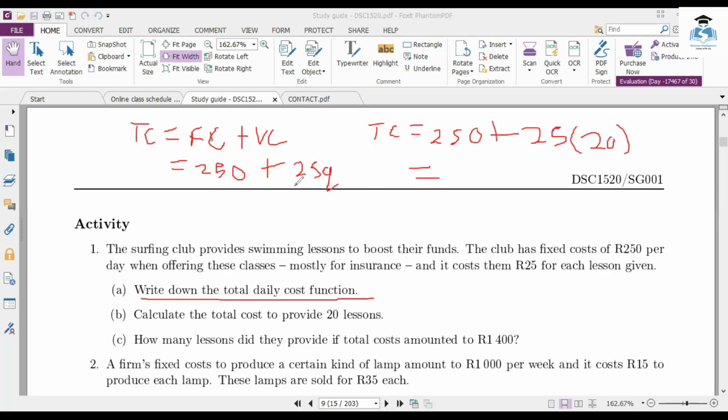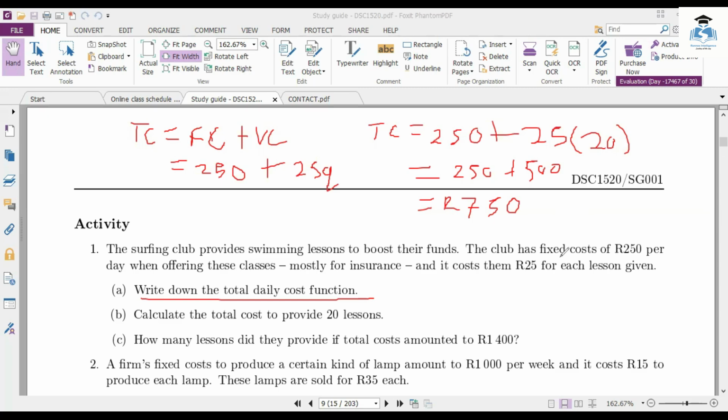So we are substituting from this formula, right? So 250 plus, what's the answer there? Those who have got calculators. It's 500. Okay. So that's 750 Rand. So that's your answer for B.